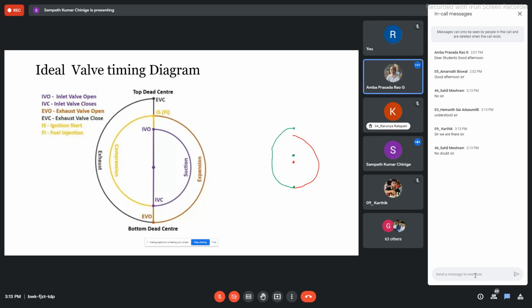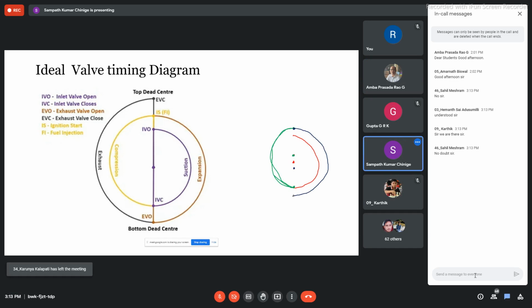So now you can see clearly what I'm trying to do with the green color. Now I am taking this blue as the center and this as the radius. Okay.